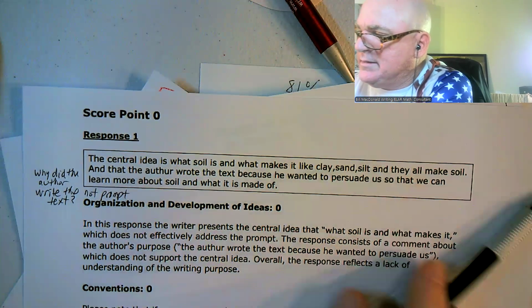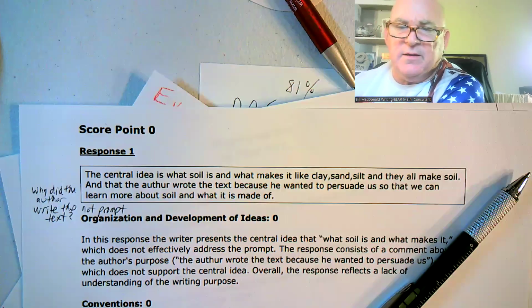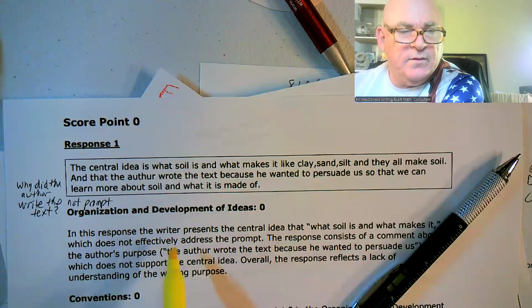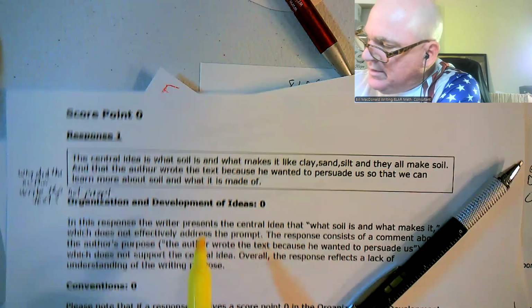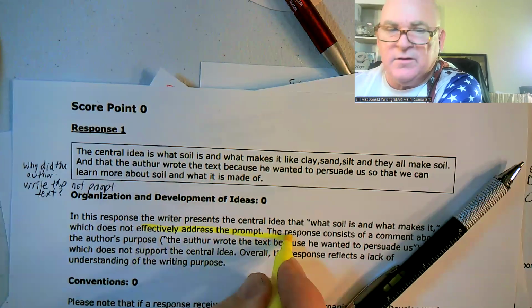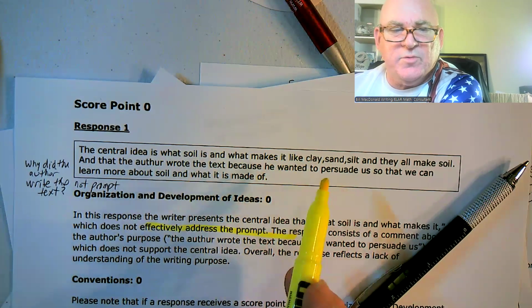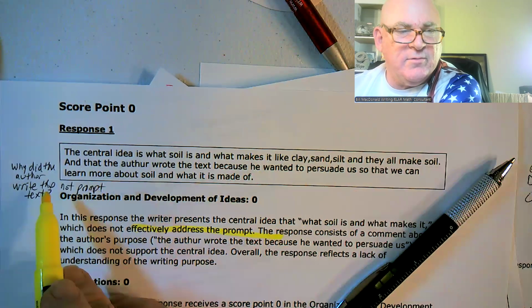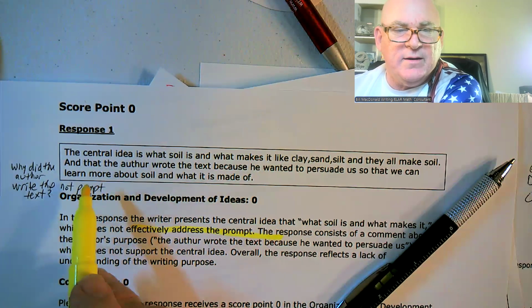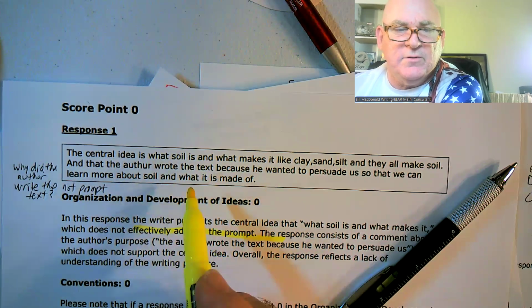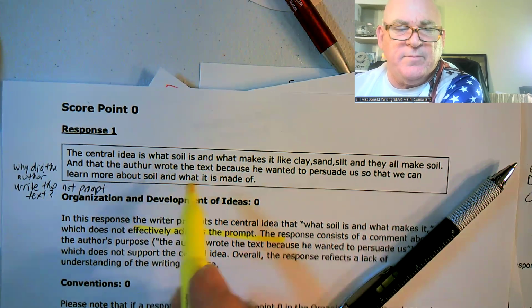So I'm not going to highlight anything because nothing there applies to effectively addressing the prompt. The author wrote the text because he wanted to persuade us. Why did the author write the text? That's not the prompt. They didn't ask that.